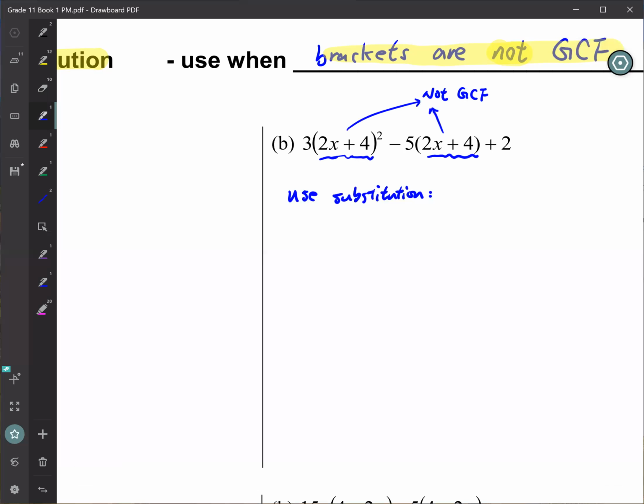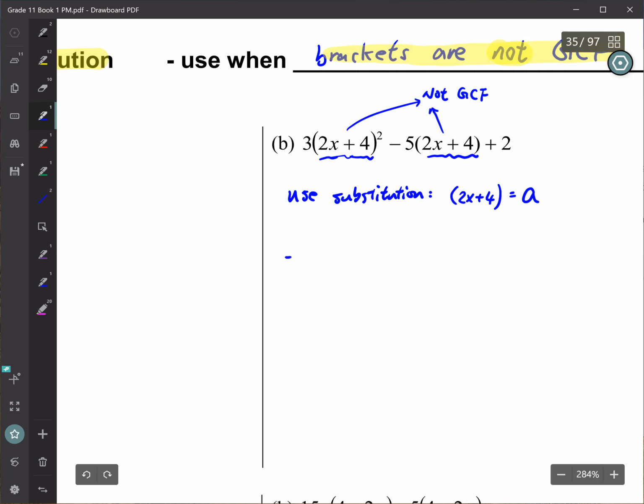So substitution means I'm going to replace the 2x plus 4, including the brackets, with a new letter to make it look easier. So for example, I can choose the letter A. I replace all the brackets that I see that are not GCF with a new letter.